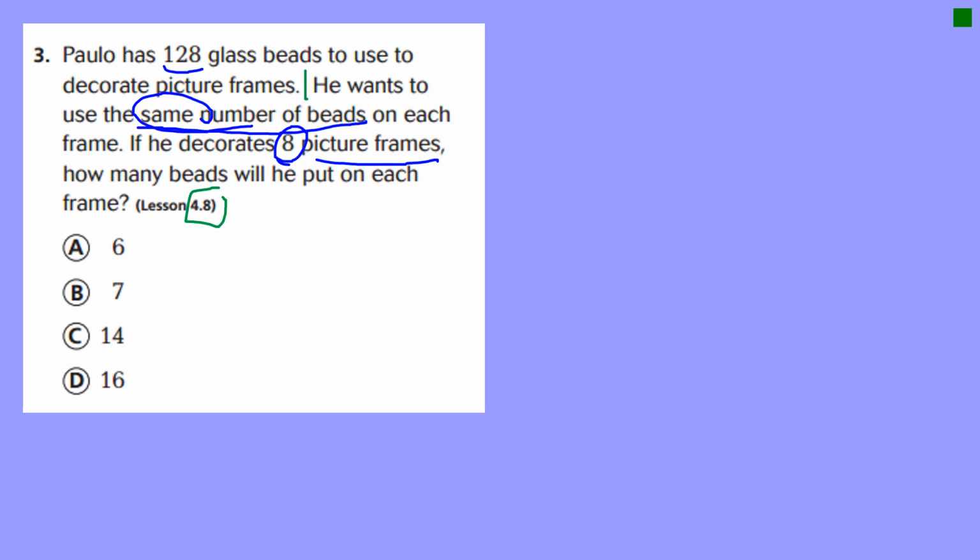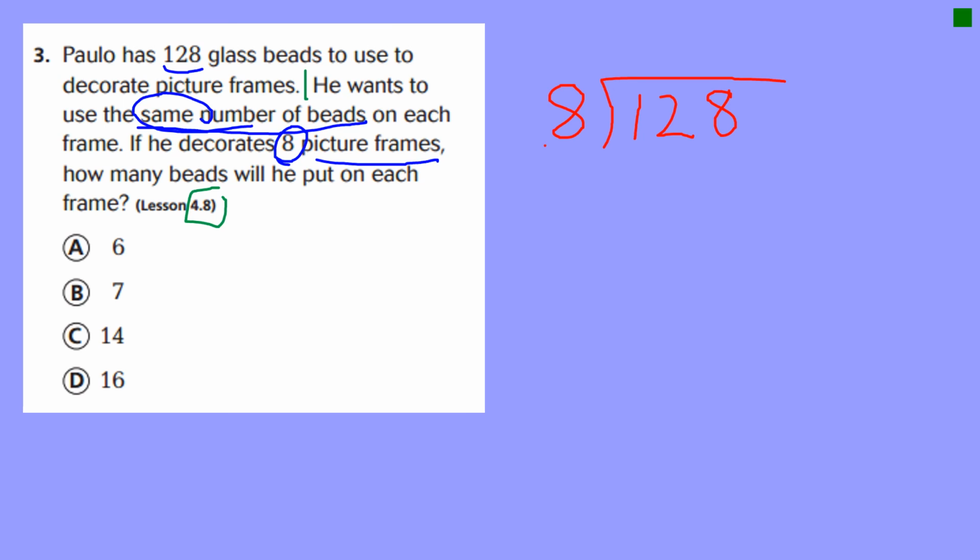I'm thinking if you have 128 and you want to separate them onto 8 frames equally, division. Okay, D for division, D for does. Does McDonald's serve cheeseburgers? You can use that. You don't have to use it. It's just the thing in case you forget the order.